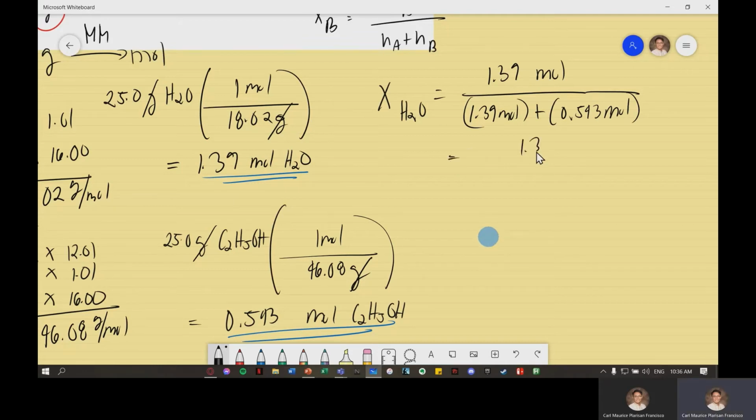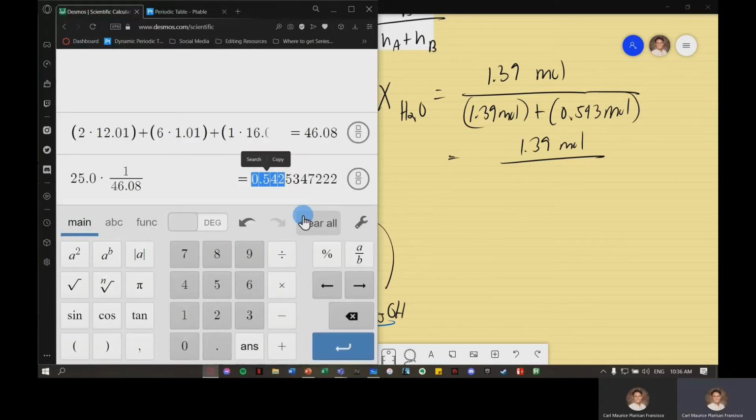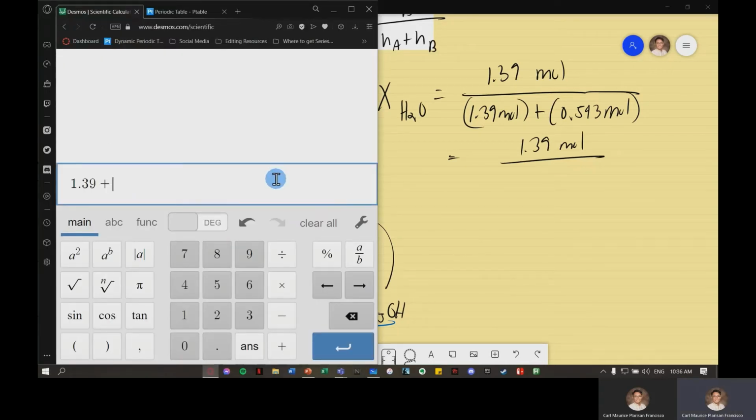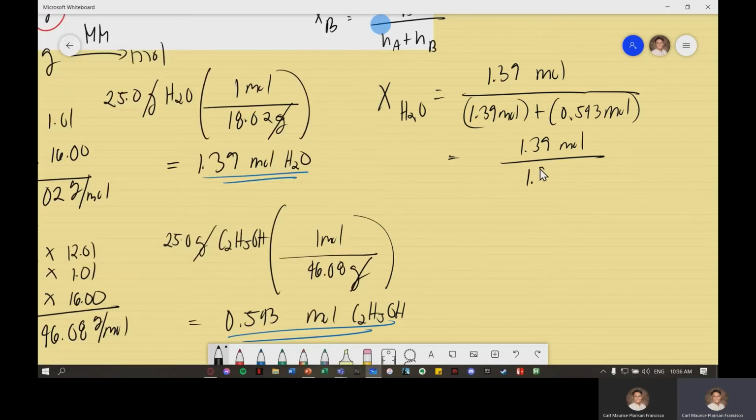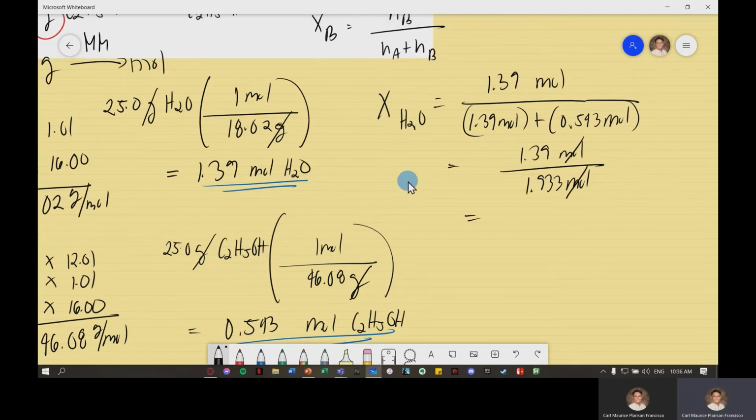Summation ng ating denominator. Okay, dahil summation po yan, 1.39 plus 0.543, 1.933. 1.933 mole. Mole will be cancelled. Ang mole fraction po ay walang unit.